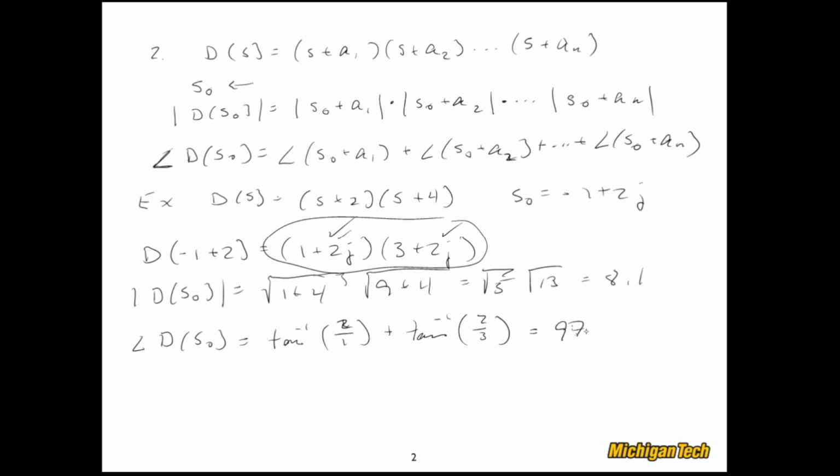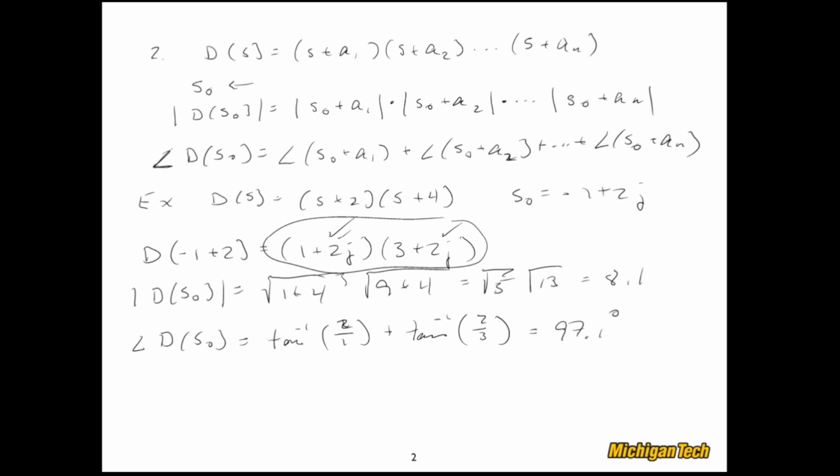The phase angle of d at s0 is now, I'm going to key off of these two quantities, the inverse tangent of 2 over 1 for this term, plus the inverse tangent of 2 over 3 for this term. And that gives about 97.1 degrees.